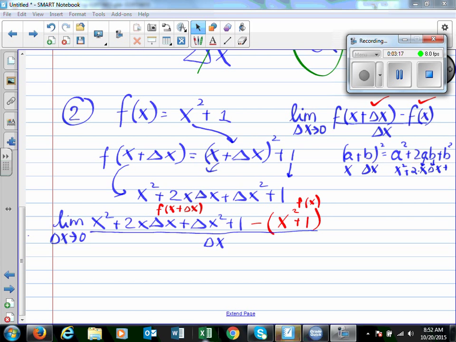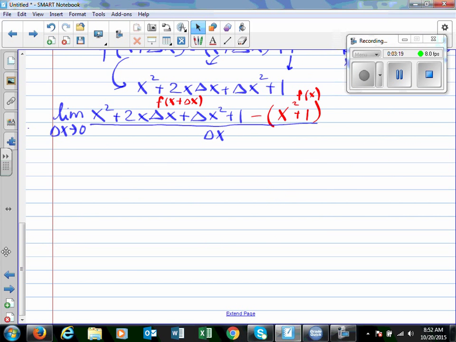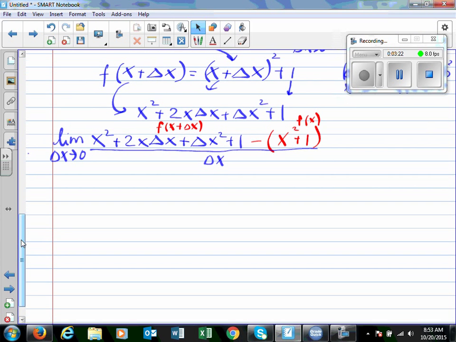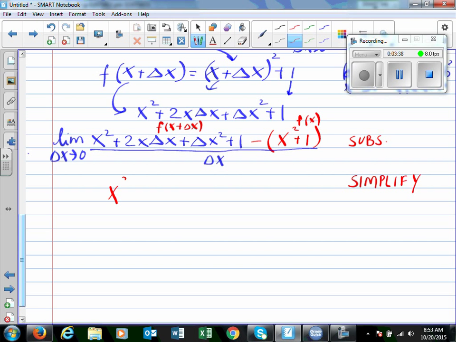Once we get to this point, any questions so far? So what do we do next? Correct. Distribute the negative. Let me simplify. You get x squared plus 2x delta x plus delta x squared plus 1, and now when I distribute the negative sign, I get negative x squared, and then minus 1.